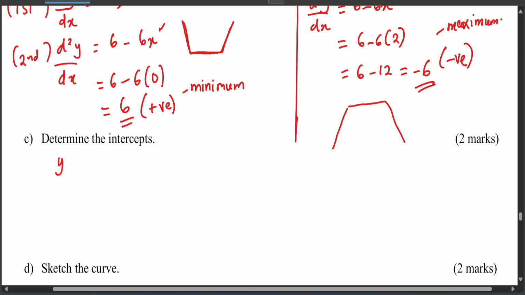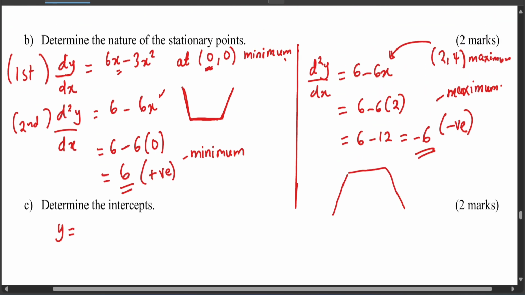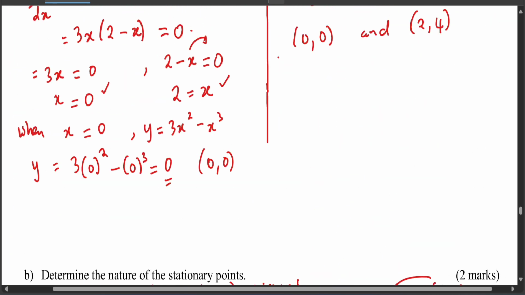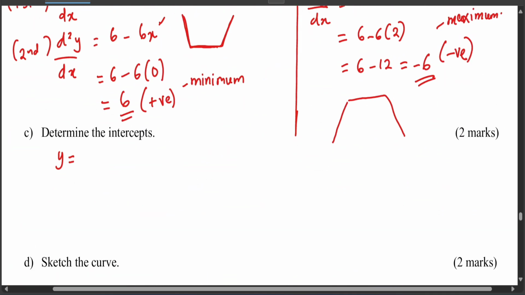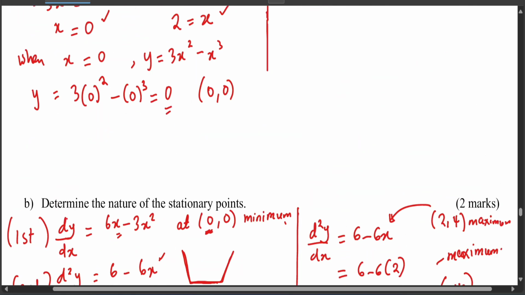So we go to the first equation, which is y equal to, if I'm not wrong again, is it 6x minus 3x squared? Is it that one?